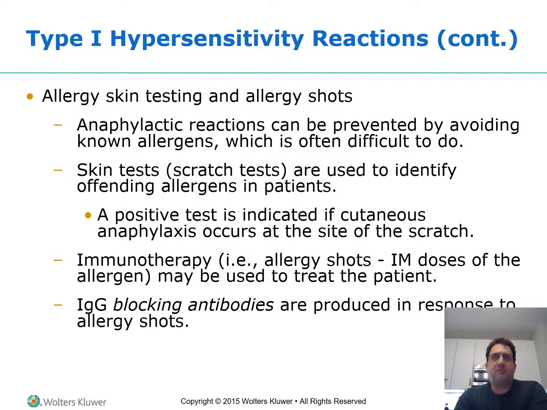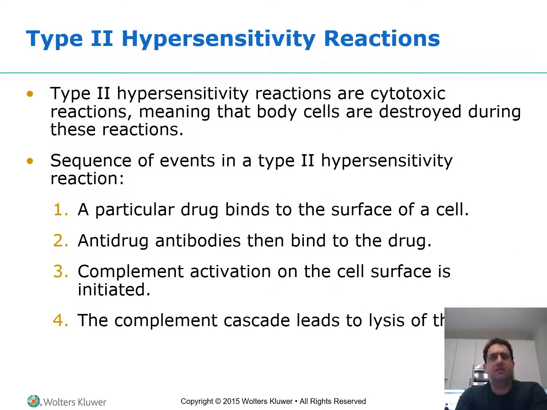And what this will do, typically, if we're introducing the allergen to a different part of the body and allowing the body to recognize this isn't dangerous, hopefully then it won't cause a problem when it's introduced to the place that typically was causing an allergic reaction. Now, we can also inject a person with IgG blocking antibodies, or, well, they're produced in response to the allergy shots. Potentially, this has a good result.